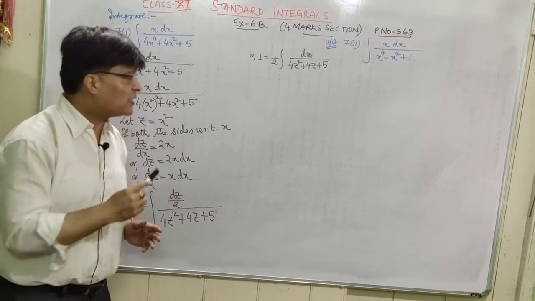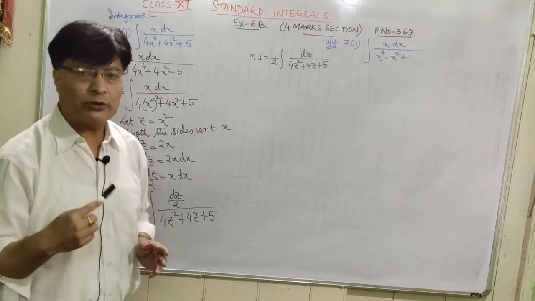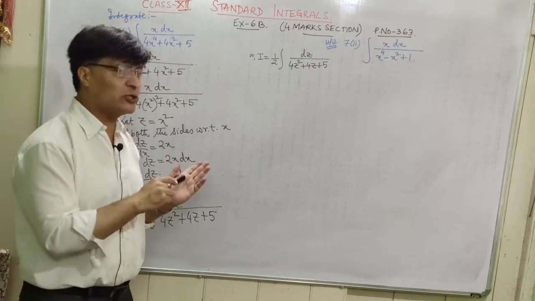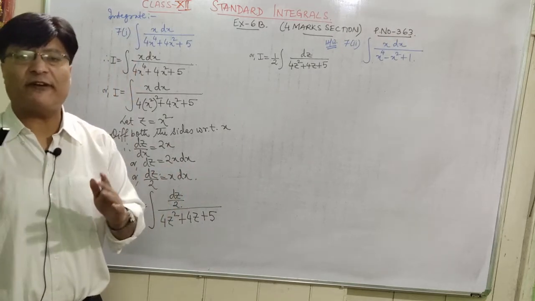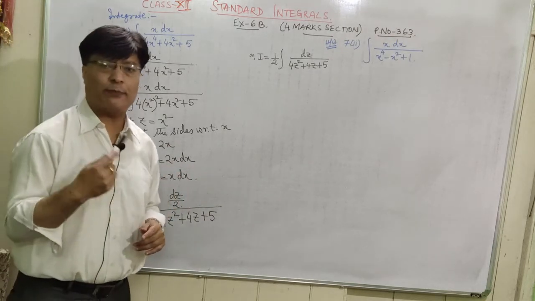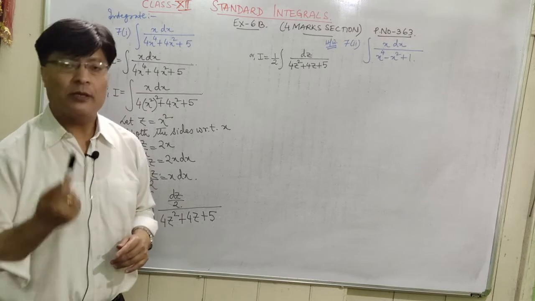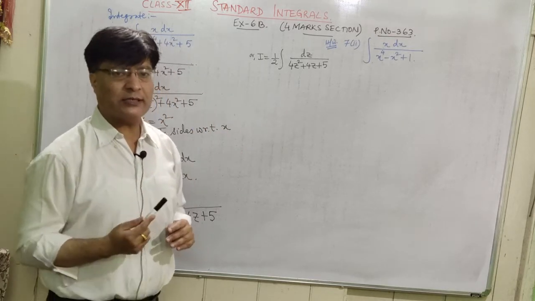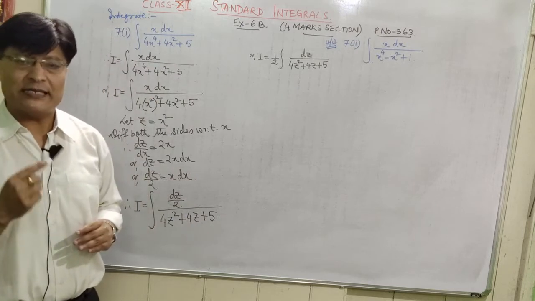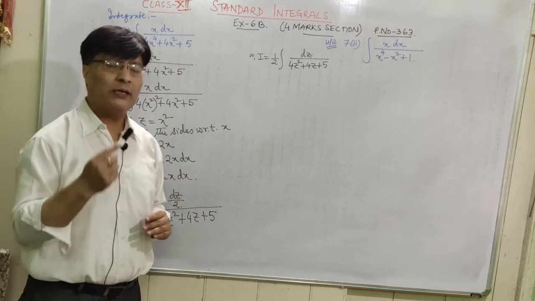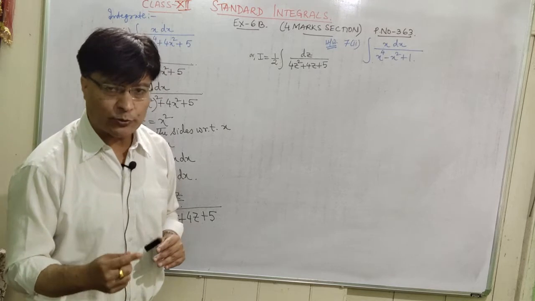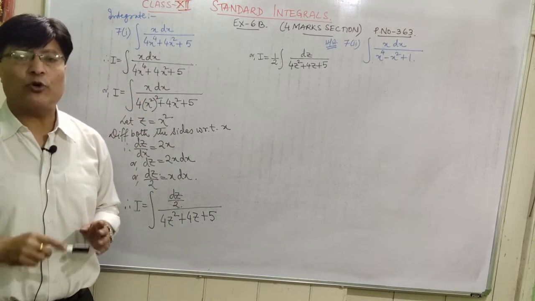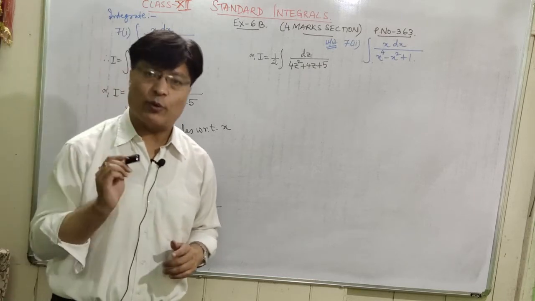Okay, so if it cannot be factorized, you have to convert it into standard integral form, or you have to convert this 4z square plus 4z in terms of perfect square, that is a square plus 2ab plus b whole square. So I already told you that whenever you convert this z square term and z in terms of perfect square, or a square plus 2ab plus b square, or a square minus 2ab plus b whole square, always make the coefficient of z square positive 1.